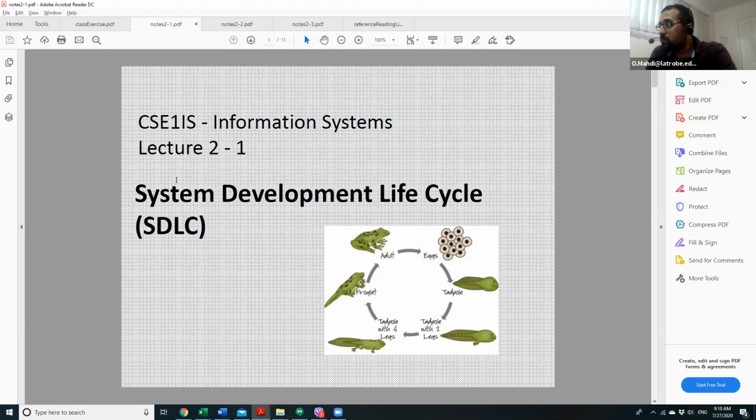When we want to develop any information system, there are phases, what we call the life cycle, we need to go through in order to develop an information system. So this will be the main topic of this week.